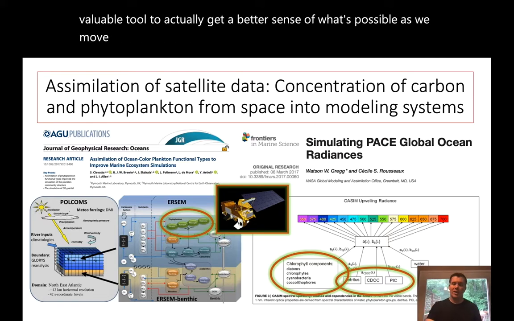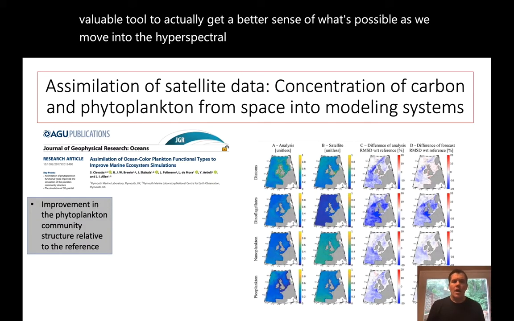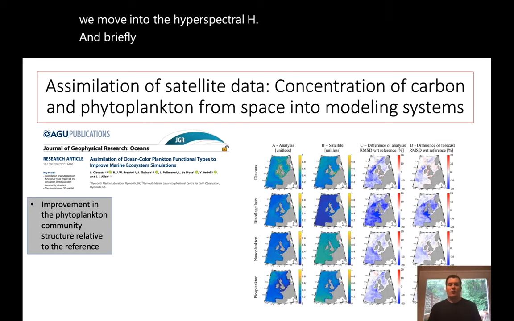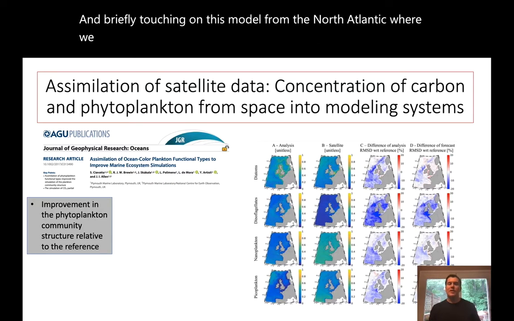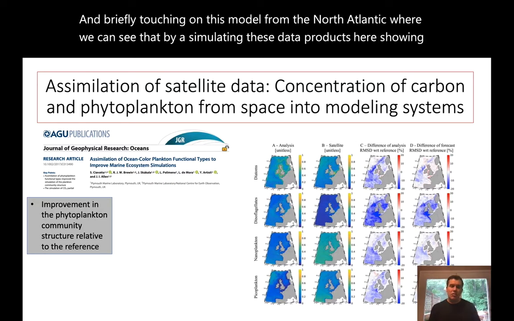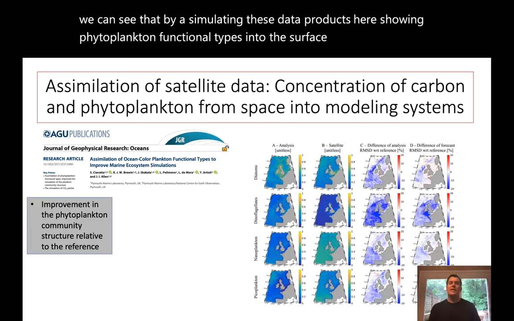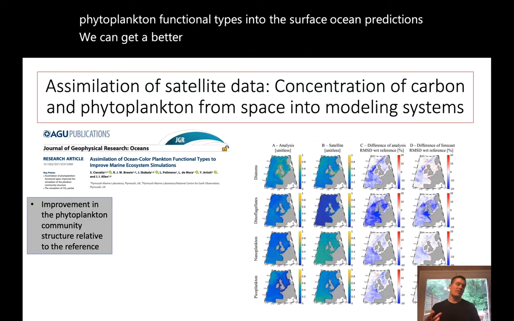And briefly touching on this model from the North Atlantic, where we can see that by assimilating these data products, here showing phytoplankton functional types, into the surface ocean predictions, we can get a better representation of properties such as the phytoplankton community structure.